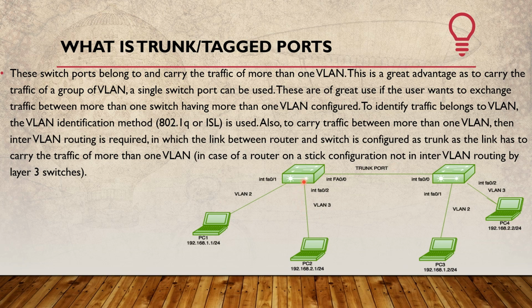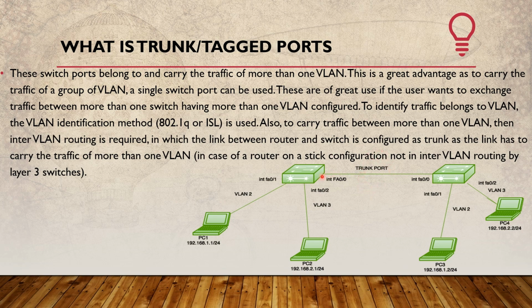In this scenario, we have two switches. PC1 is enabled with VLAN 2, PC2 with VLAN 3, PC3 with VLAN 2, and PC4 with VLAN 3. If PC2 on VLAN 3 wants to communicate with PC4, then multiple VLANs, two VLANs in this scenario, have to be passed.